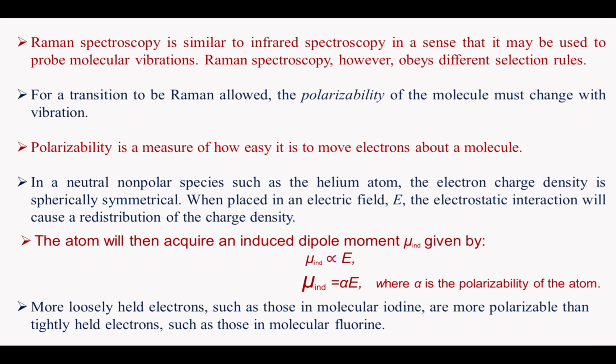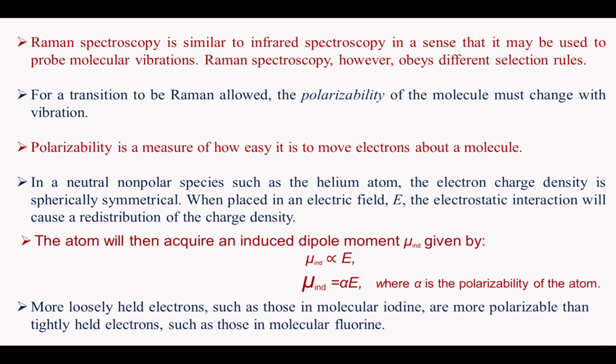What happens? These are simple things. If you have a molecule and an electric field is applied on the molecule, then there will be a redistribution of charge, and the redistribution of charge will create an induced dipole, mu induced.